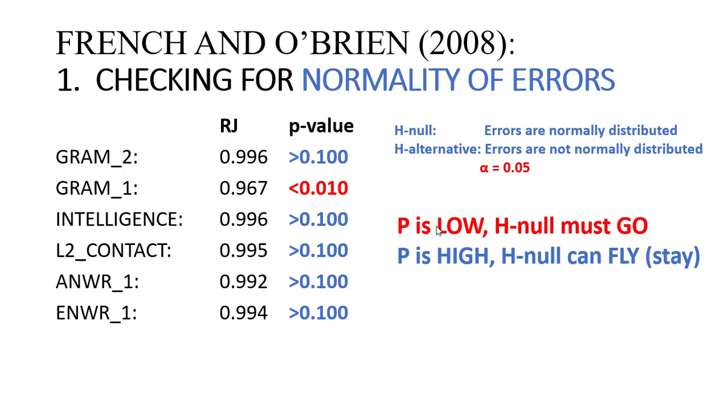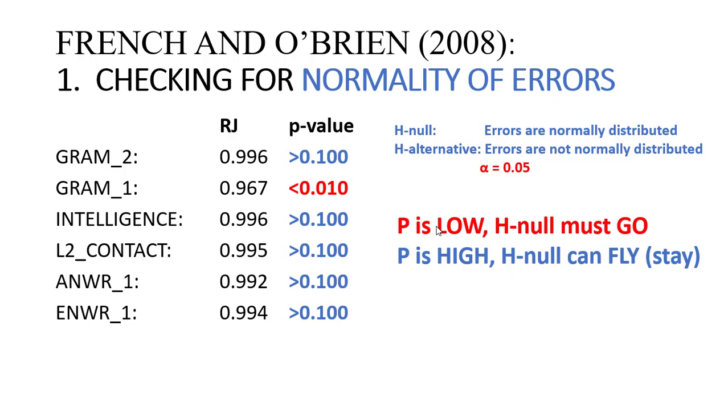It says, P is low, H null must go. P is high, H null can fly. In other words, it can stay. What does that mean? If your P is lower than your alpha, that means H null must go. You must reject the null hypothesis. And if P is high, higher than 0.05 in this case, that means that the null hypothesis can fly.